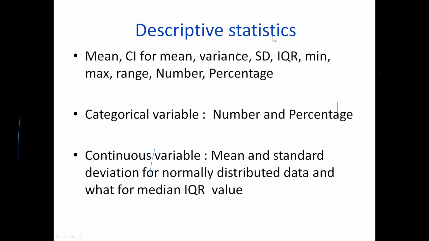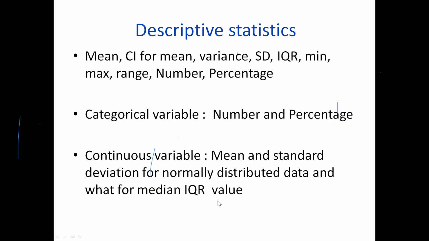For descriptive statistics, whenever your data is continuous, you use mean and standard deviation for normally distributed data, and median and IQR for not normally distributed data. If your data is skewed, not representative, then you will use median and IQR. IQR is the interquartile range.